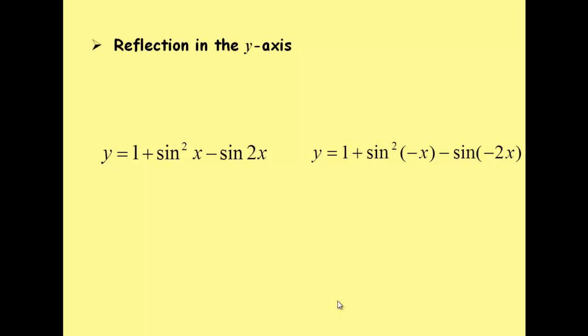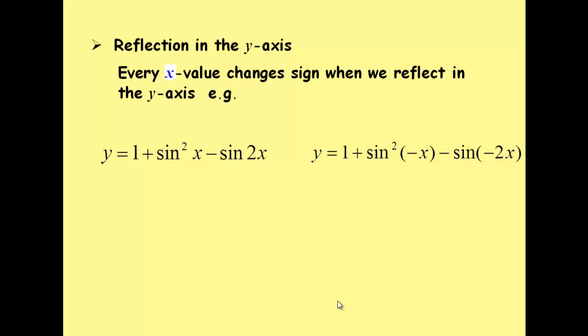Reflection in the y-axis is a bit more complicated. What happens is every x value changes sign. If we reflect in the y-axis, whatever value of y we get for, say, x is -2, we will now get for x equals 2.